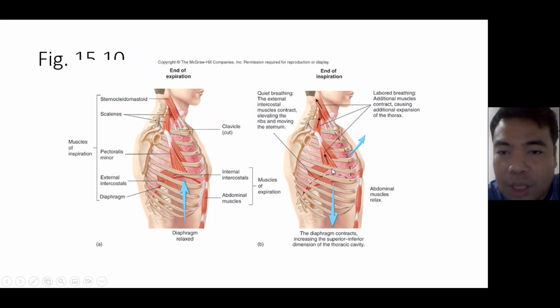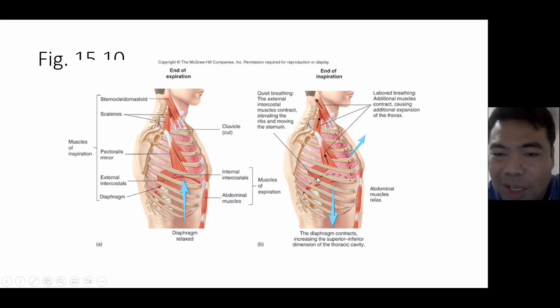Pag nag-inhale tayo, take a look at this. Pag nag-inhale tayo, if this is the original size of your thoracic cavity, ayan, bago ka mag-inhale, this is the original size of your thoracic cavity, the broken line. Pagka nag-inhale tayo, ayun, di ba? The size of the thoracic cavity increases, it expands because of the contraction of the principal muscles for normal quiet breathing.